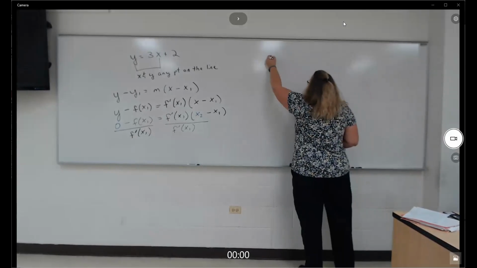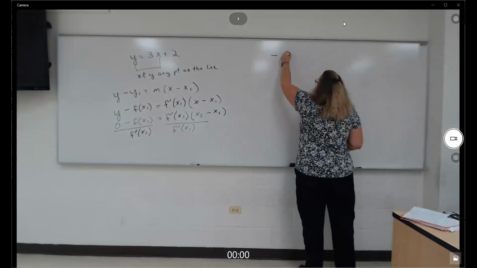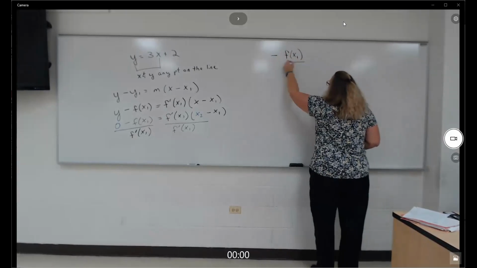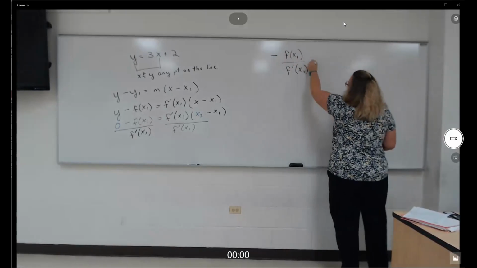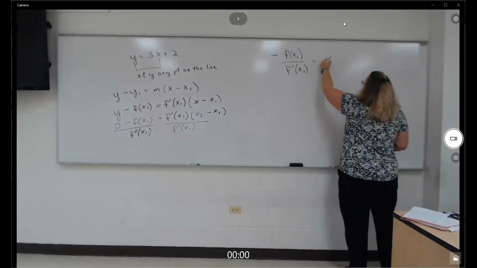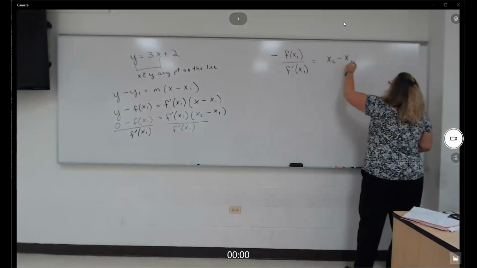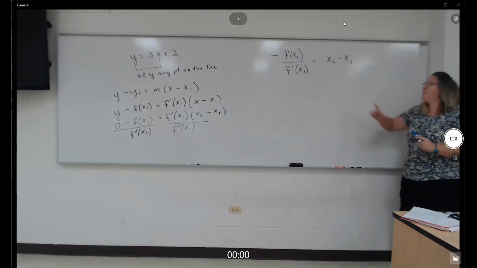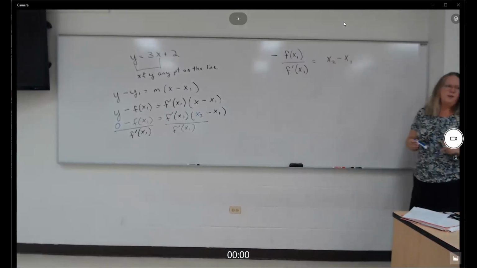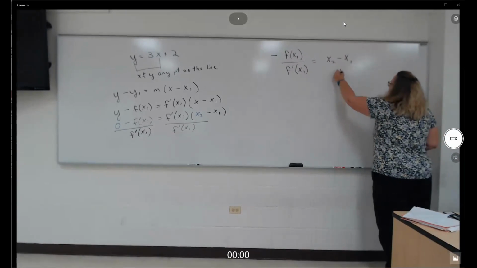So on that left side, I don't need the 0, so I have negative f of x1 divided by the derivative, and then I've got x2 minus x1. And then the only other thing I have to do, because I'm looking for x2, is add x1.